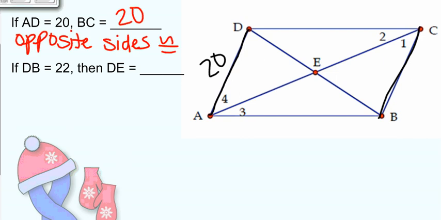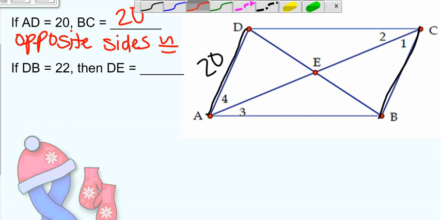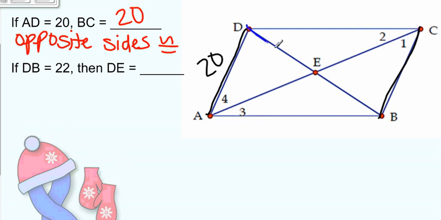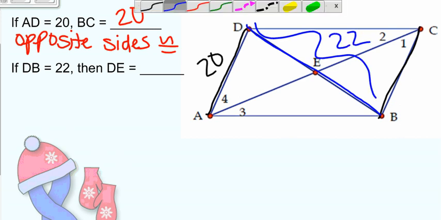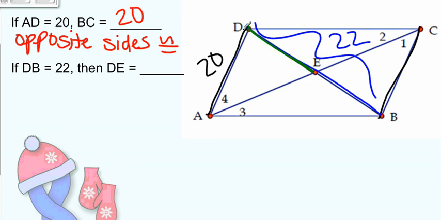All right, so here the value should have been 20 because opposite sides are congruent. Okay, the next question says if DB, so this full length there, is 22. What is the value of DE?